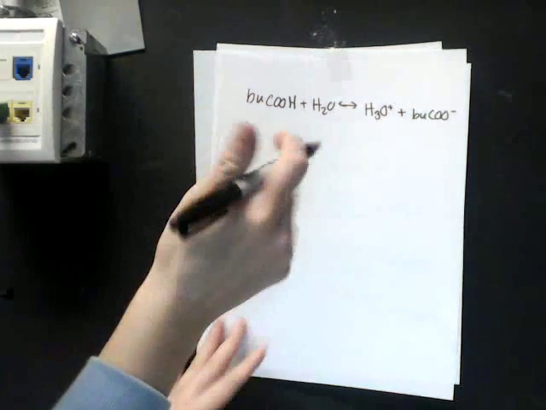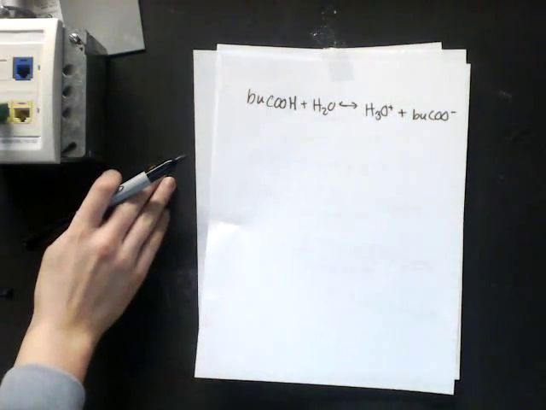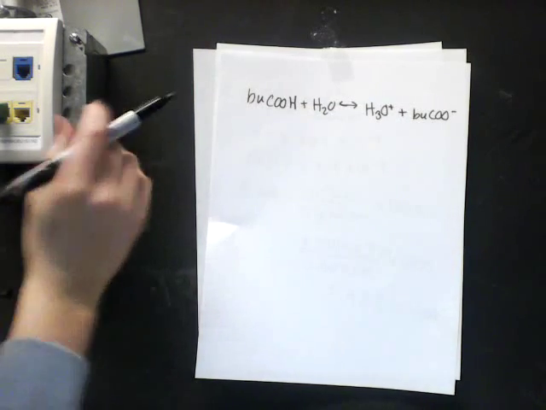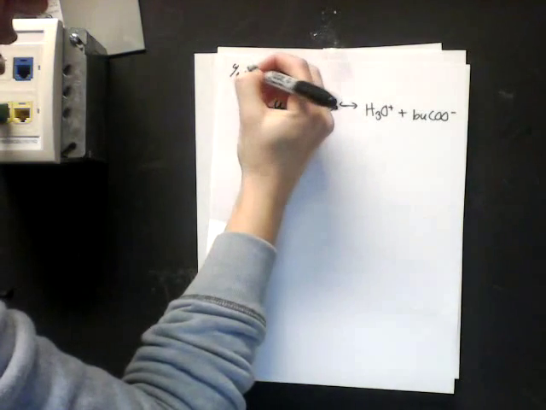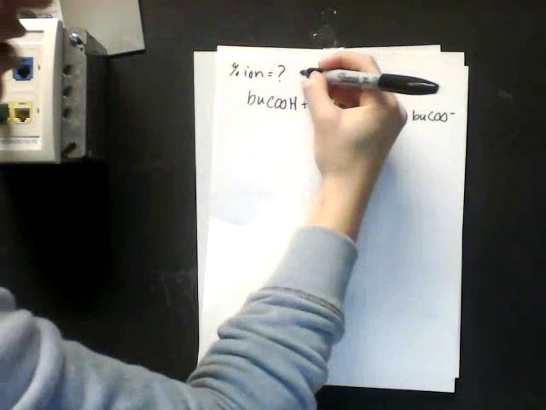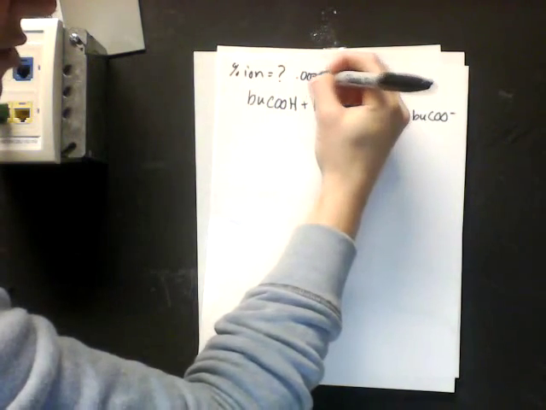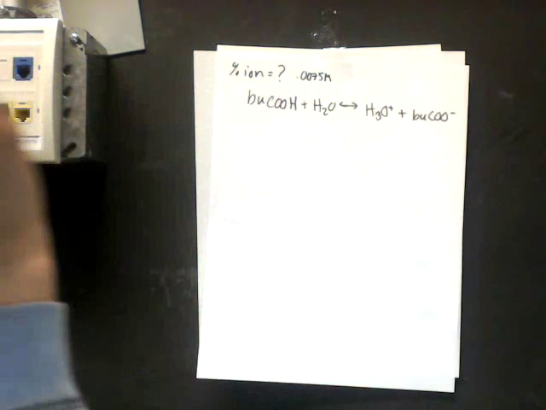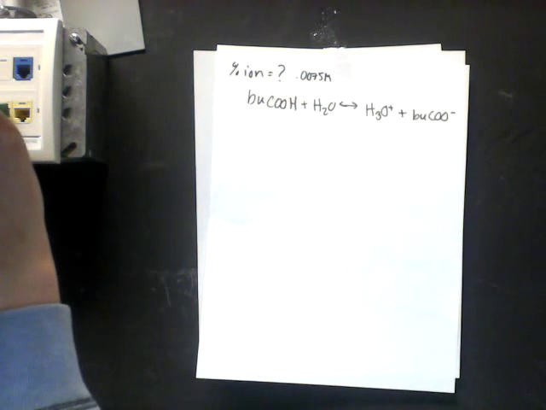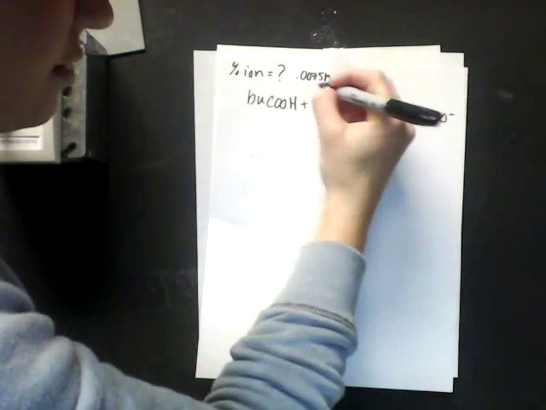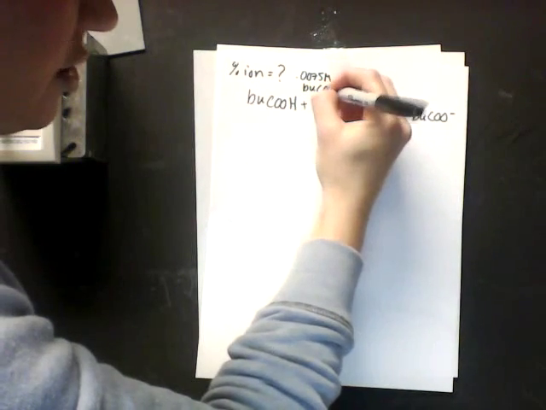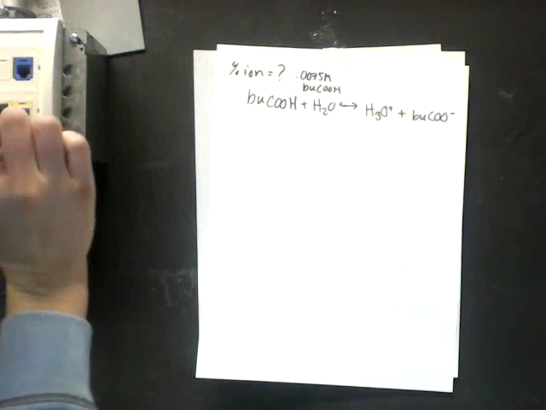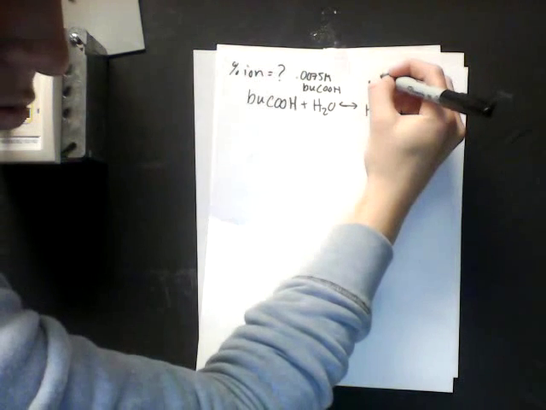So now, calculate percent ionization. Again, we're finding the same thing: percent ion. We have a concentration of 0.0075 of butanoic acid, BuCOOH, in a solution containing 0.085 molar sodium butanoate.